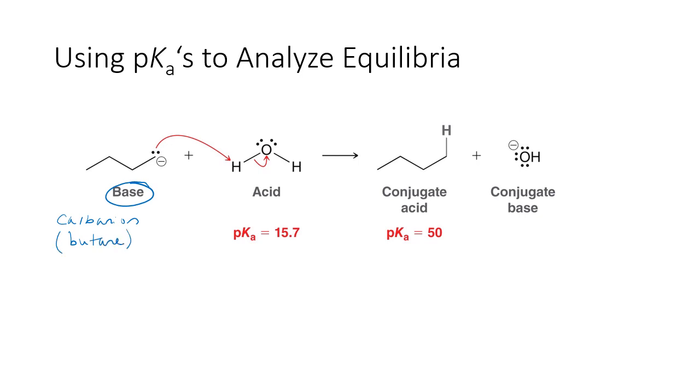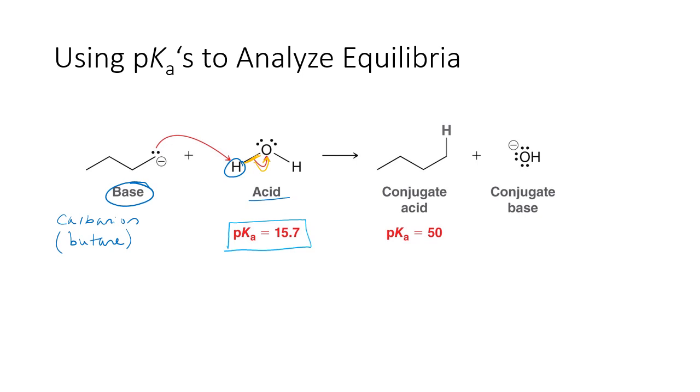And what's going to happen is that base is going to grab a proton from our acid, which in this case is water. Our pKa for our acid is 15.7. And remember, these electrons within this covalent bond right here stay with the oxygen when using our curvy arrows.